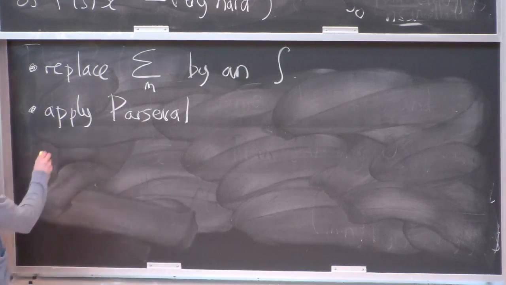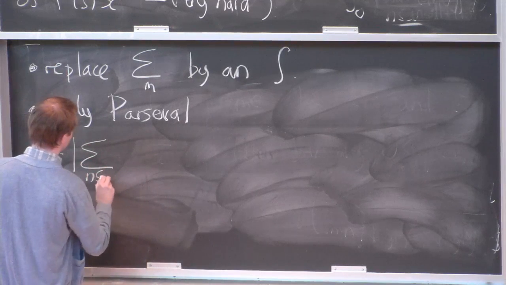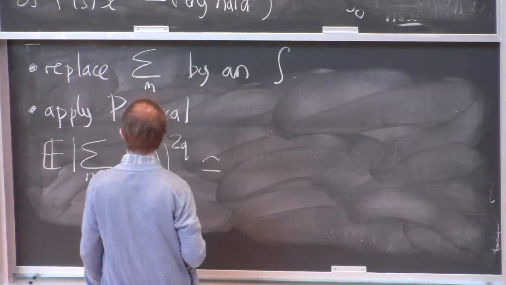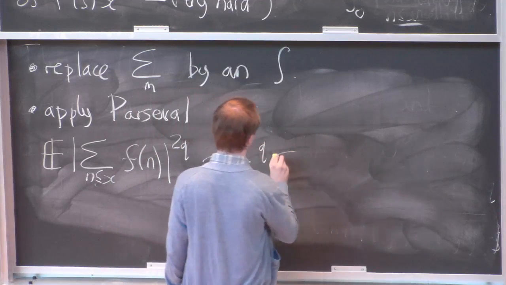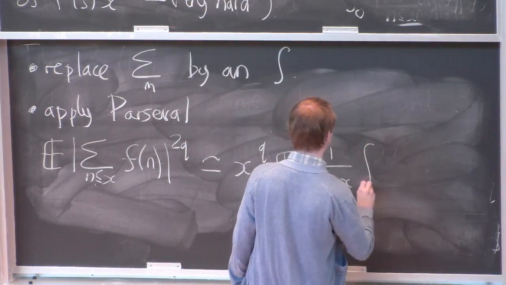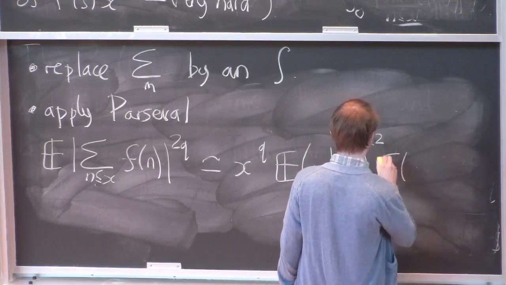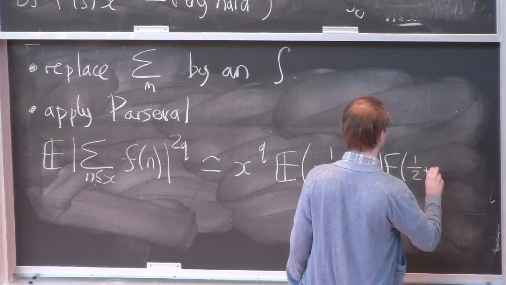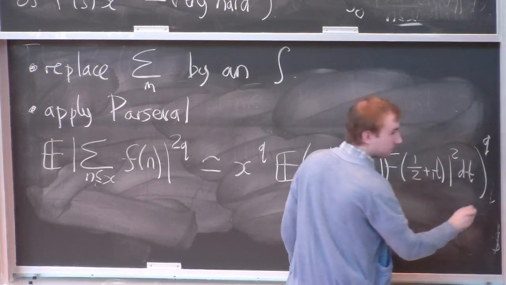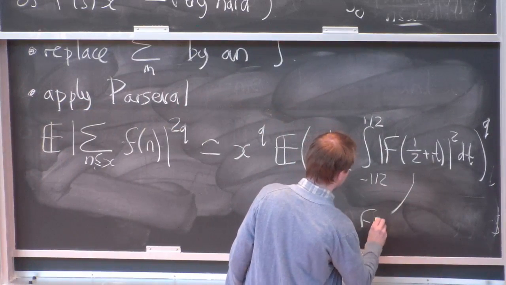So when you apply Parseval, what you finally get out, of course I'm omitting a lot of stuff here, is that this is roughly the same as x to the q times the expectation of (1 over log x, a short integral from -1/2 to 1/2, absolute value f of 1/2 plus it, squared dt), all to the q. Remember that this is a finite product here.